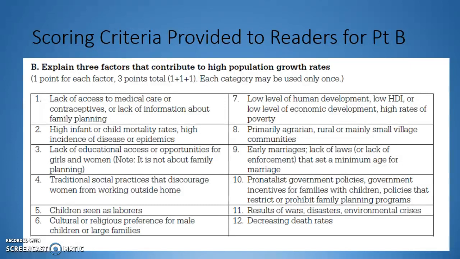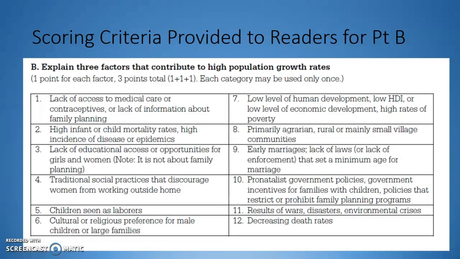Okay. Worth noting though that low HDI also kind of gets at that idea of women in general and where women are at, or where children are at in terms of their quality of life in particular. For number 8, primarily agrarian, rural, or mainly small village communities, which is kind of a way of getting back to that idea of high rates of poverty, okay, or children being used as laborers.